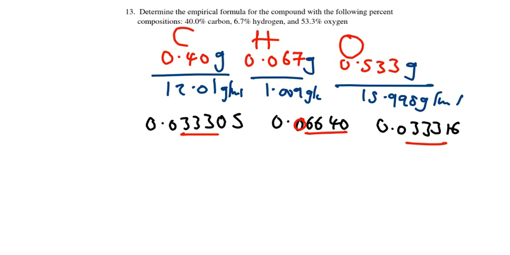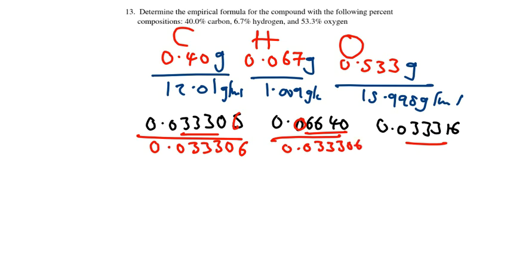What happens when you find the number of moles? Divide by the least or smallest value. In this case, it's 0.03305. If I rounded off, this would be 6. The other is 0.03306, and this would be 7 if I round it off.